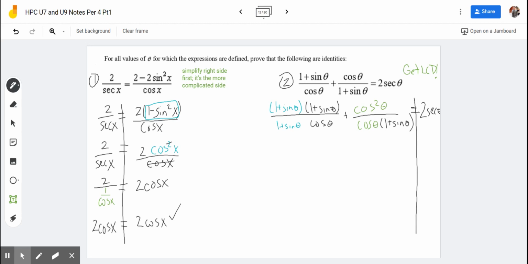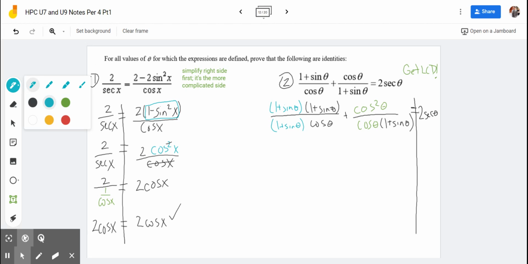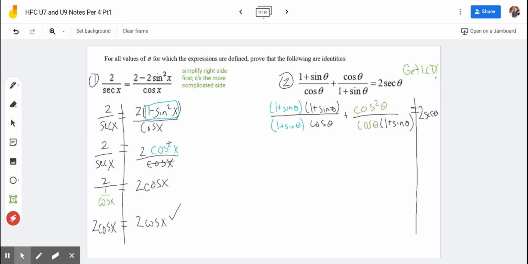So again, I'm just going to draw a line here to show that I'm not moving any terms over. All right, so I just fixed it a little bit. So what we have to do in the numerator here, we have to FOIL this out. So this becomes 1 times 1 is 1 plus, and then sine theta and another sine theta gives us 2 sine theta, and then plus sine squared theta, right?